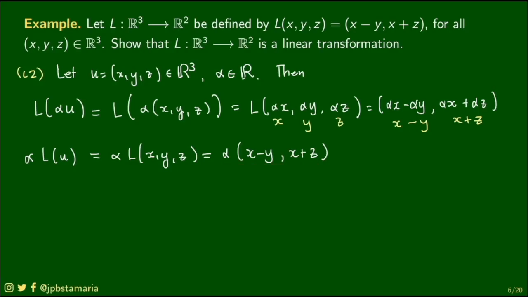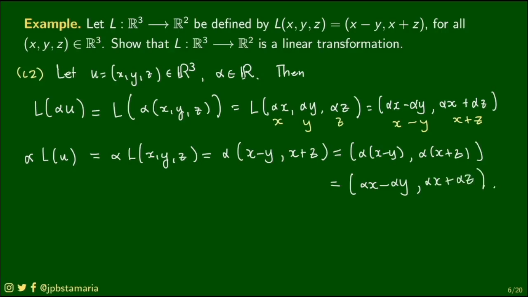Alpha times a vector in R2 means you are multiplying alpha to each of the components of the vector. So you get (alpha times (x minus y), alpha times (x plus z)), which simplifies to (alpha x minus alpha y, alpha x plus alpha z).